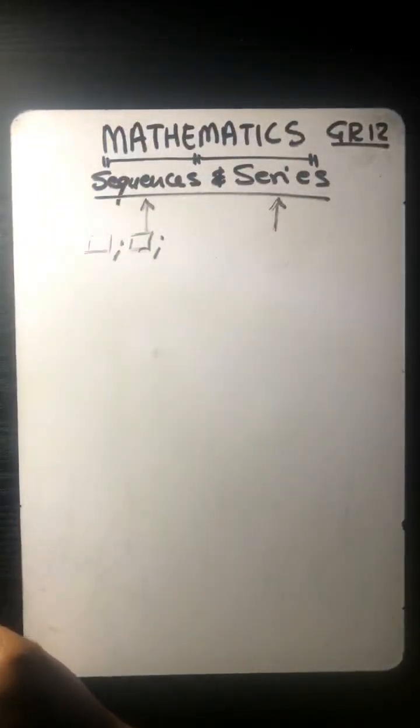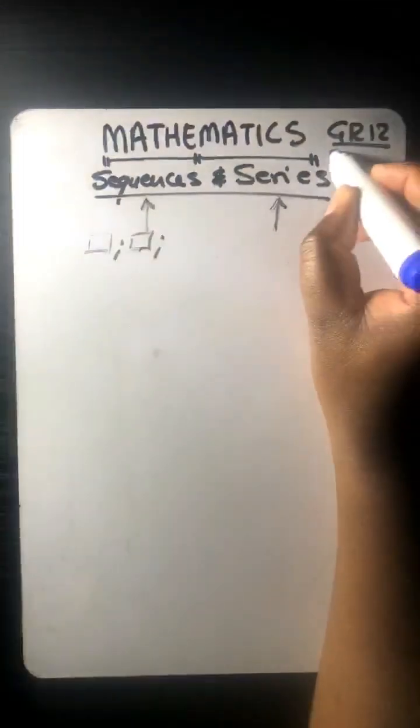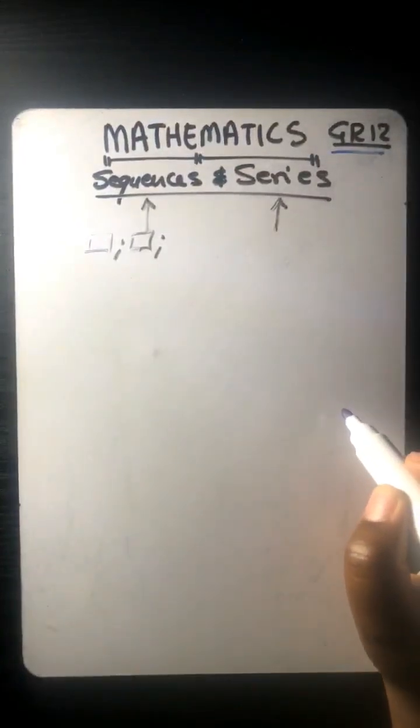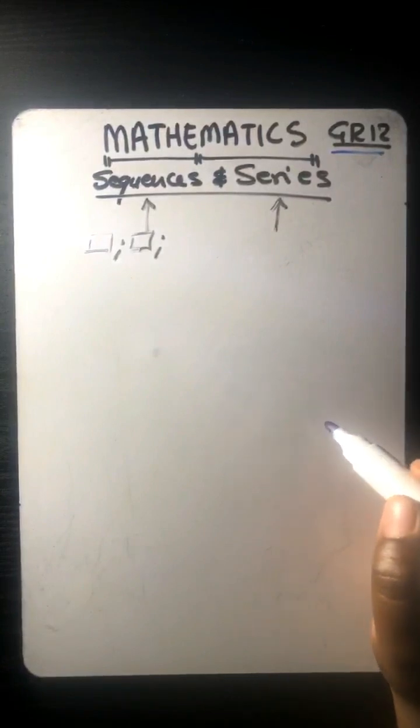There are some parts where grade 11s might still benefit, but grade 10s are not advised to be in this lesson, as discussed yesterday, because what we'll be doing you only find in grade 12.